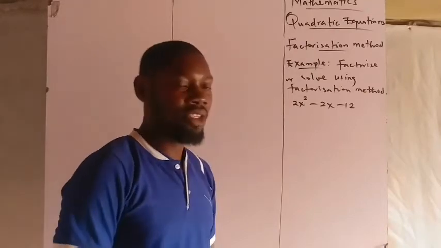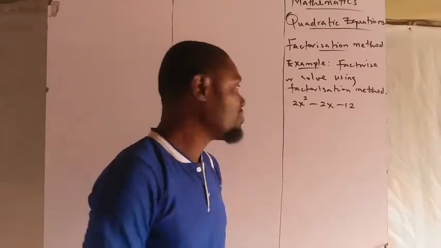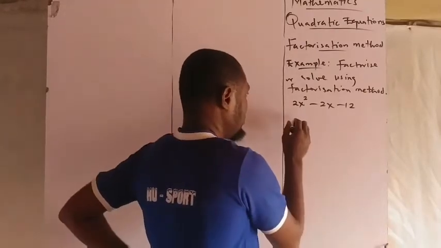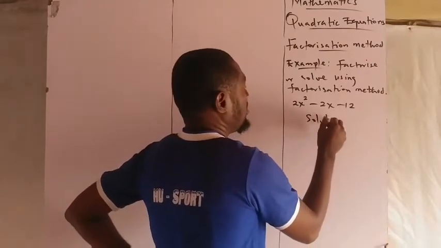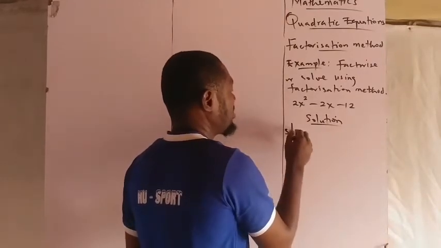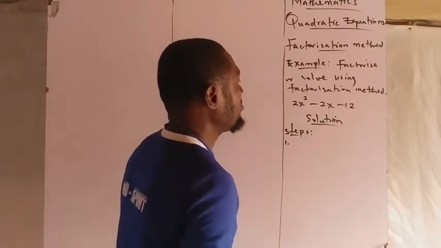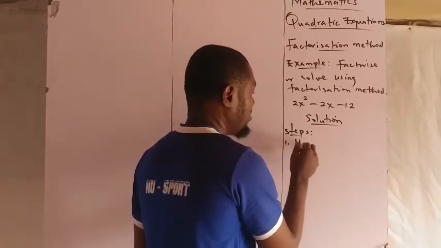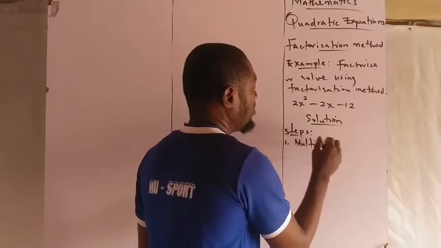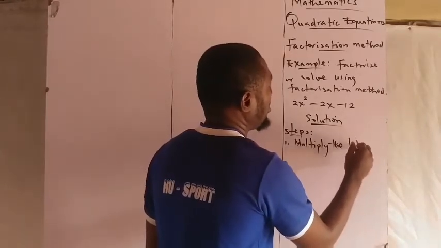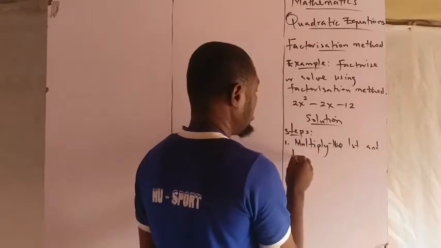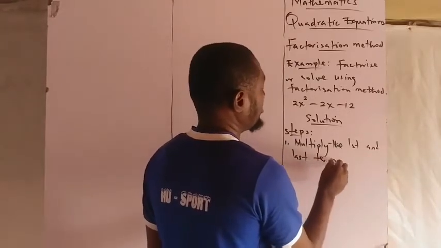Now, the steps involved. Solution steps. Step one: multiply the first and last terms.